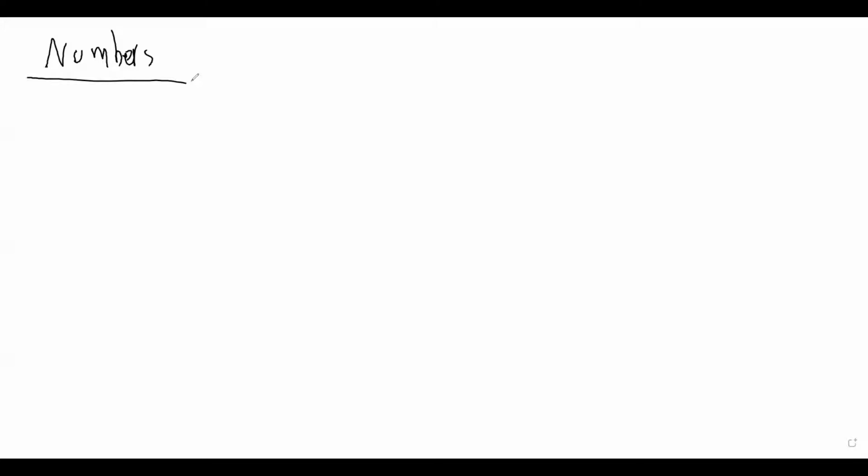So if you start counting with your fingers, you start from 1 all the way to 10, right? So we have our first family of numbers, which is whole numbers, and they start with 1 and it keeps going.